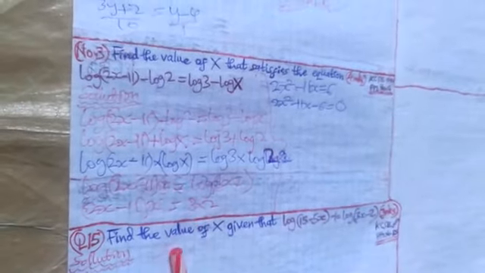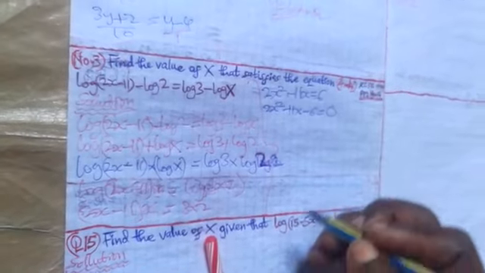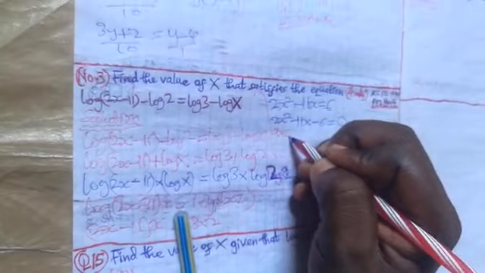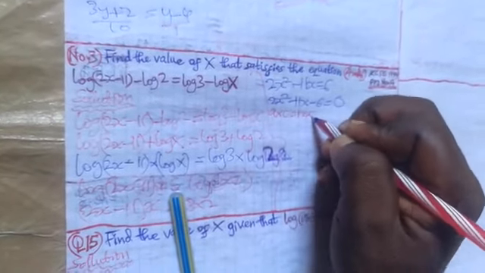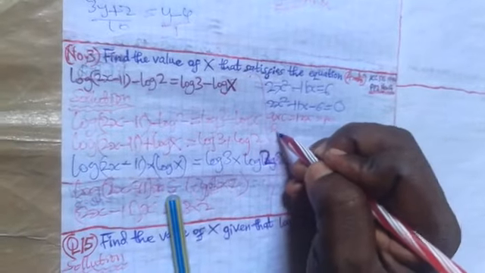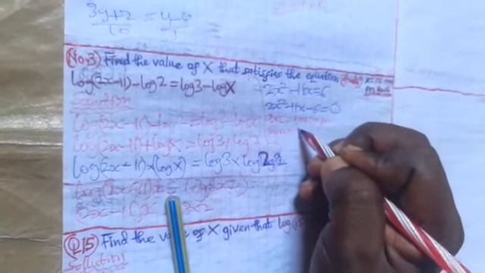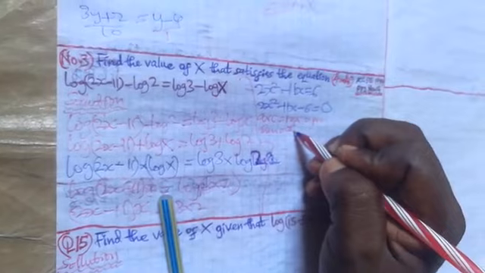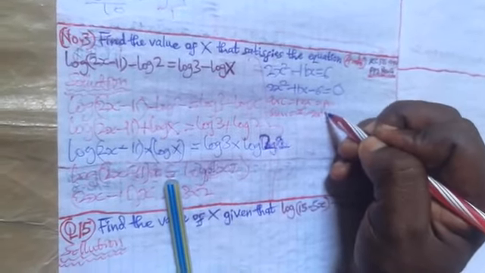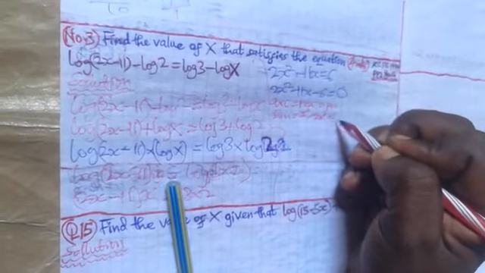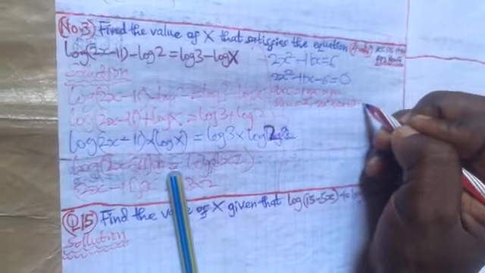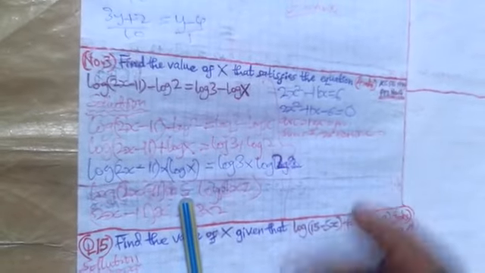By solving the quadratic equation, the product is 12x and the sum is x, therefore 2x squared minus 12x plus x minus 6 is equal to 0.